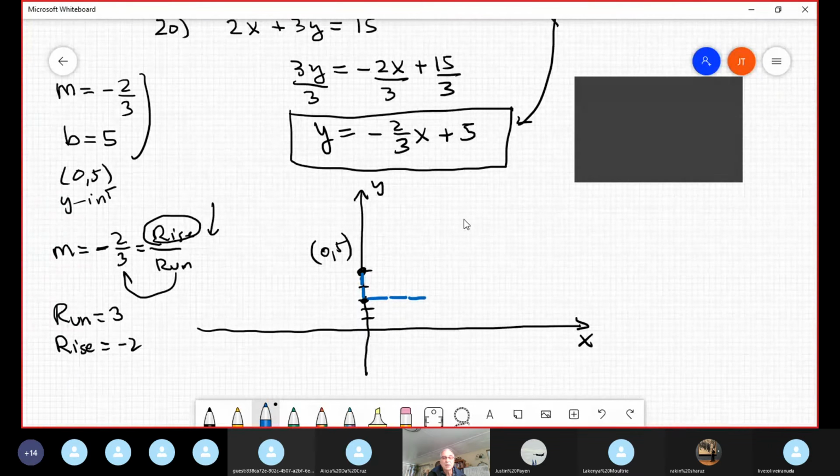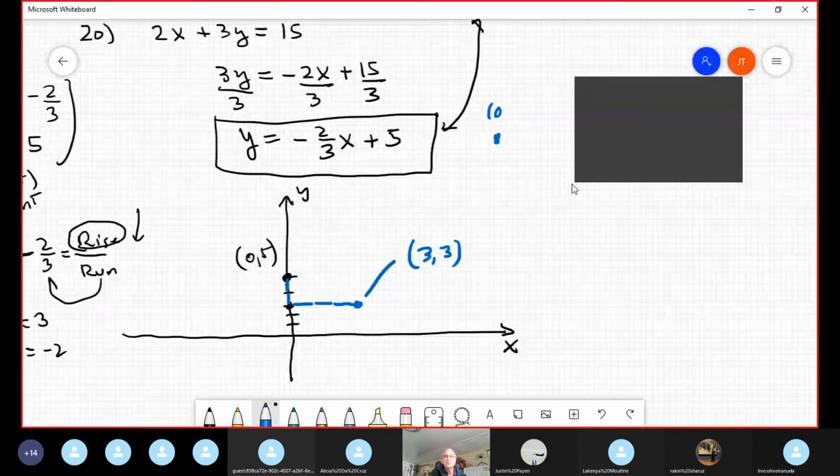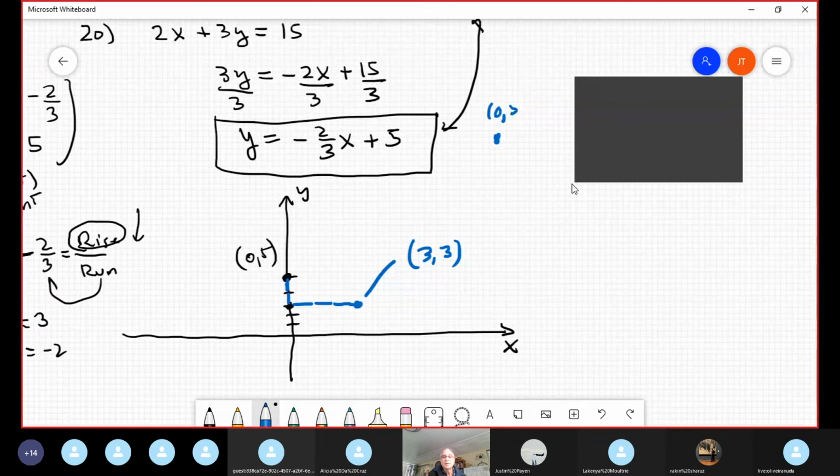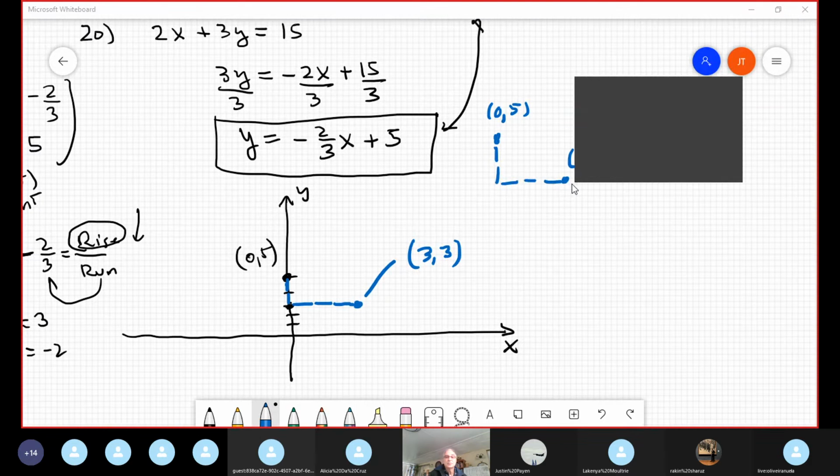And this new point is the point (3,3), because we are at (0,5) and you go down 2 units, then 1, 2, and 3 to the right. This point is the point (3,3). Ready to draw the line.